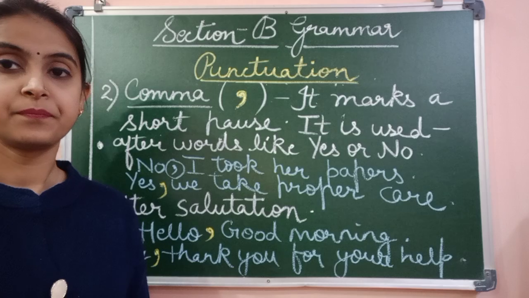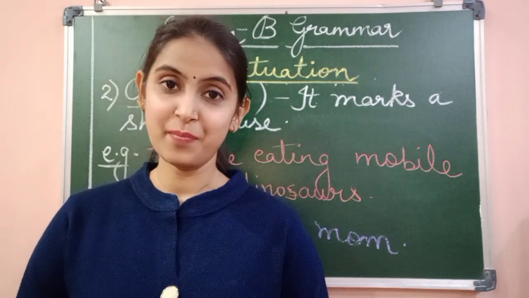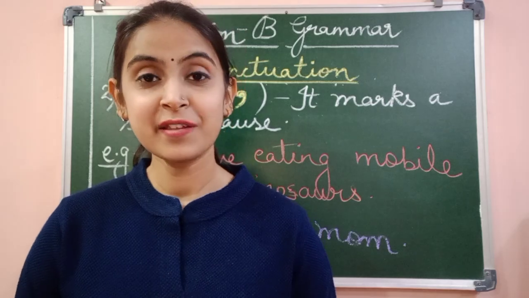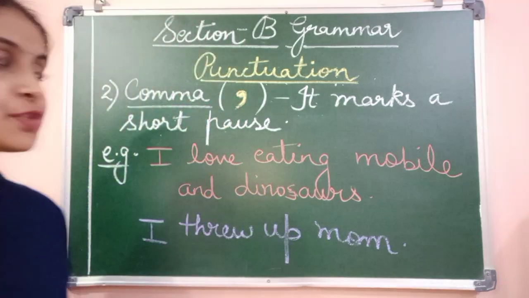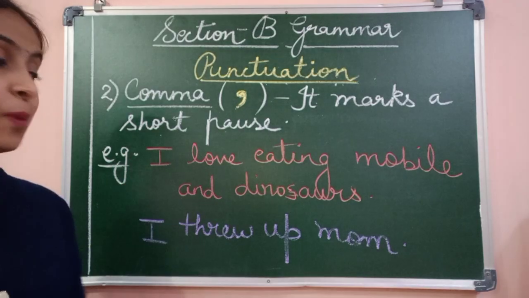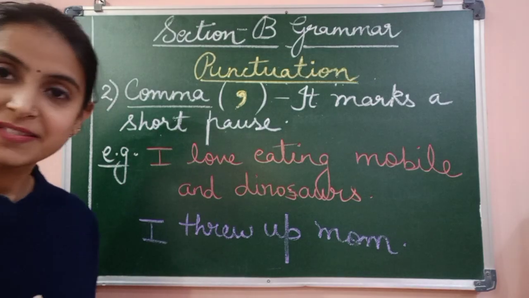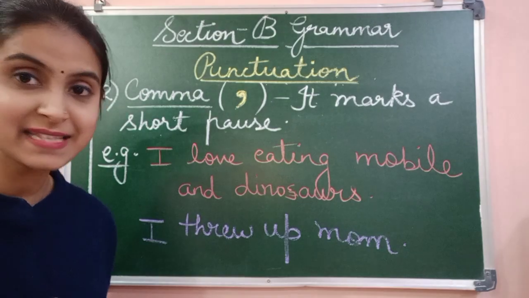Okay. Now, children, the comma is a very important element, right? Without it, the meaning of the sentence can change. Now, let us look at these 2 sentences. The first sentence says, I love eating mobile and dinosaurs. Doesn't this sentence sound hilarious and funny? I love eating mobiles and dinosaurs.